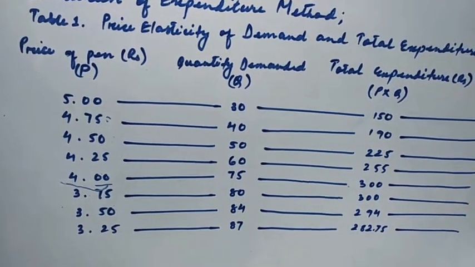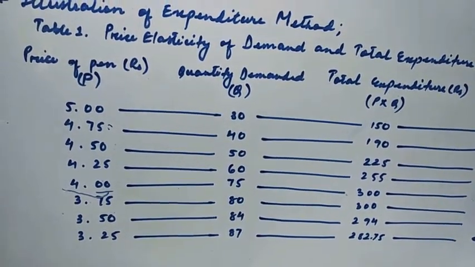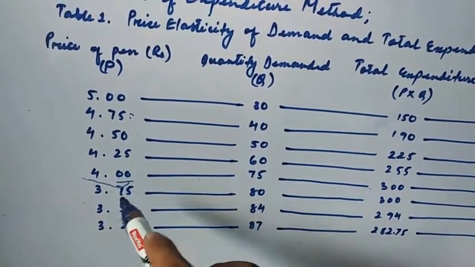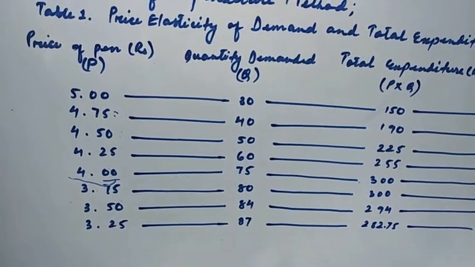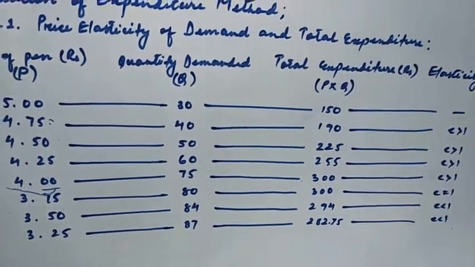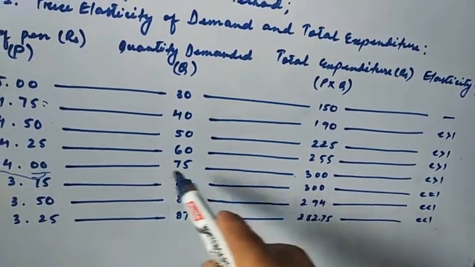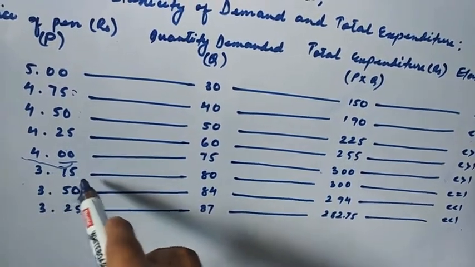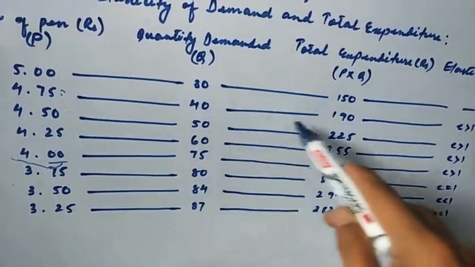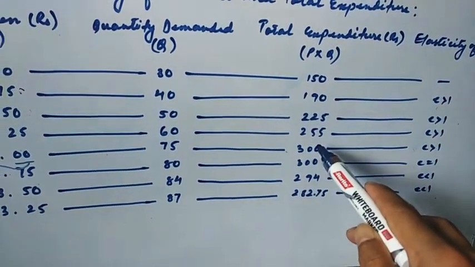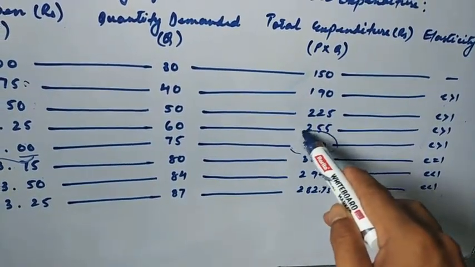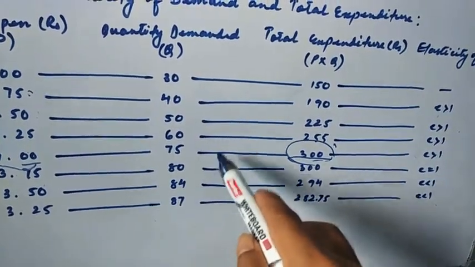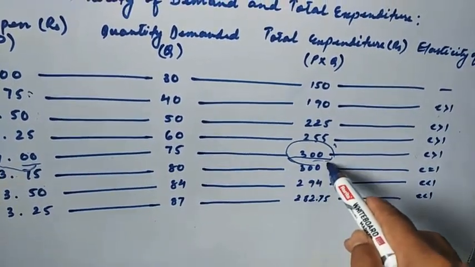The quantity demanded increases from 75 to 80, so the total expenditure remains the same. After 4 rupees, the price has fallen to 3.75, quantity demanded has increased, but the total expenditure remains the same.